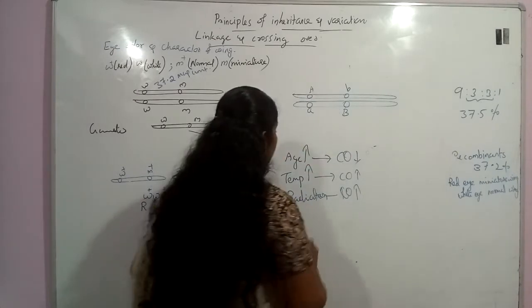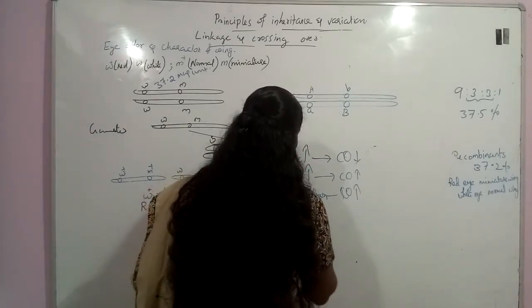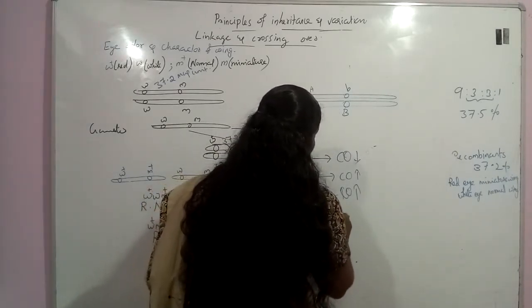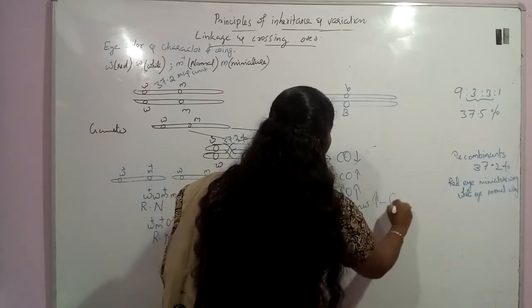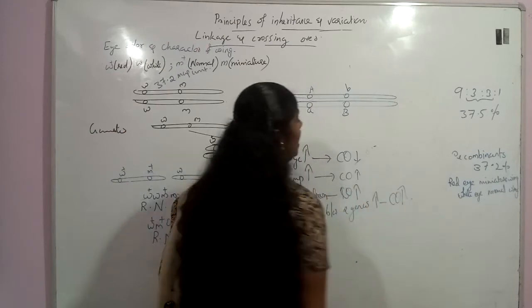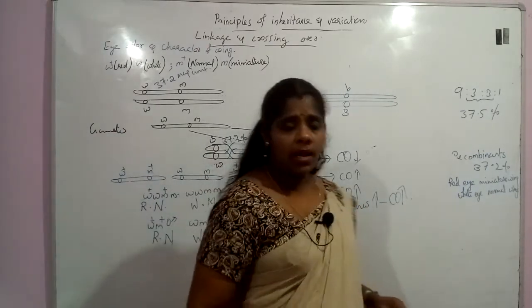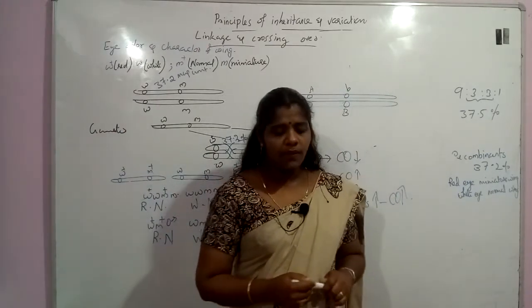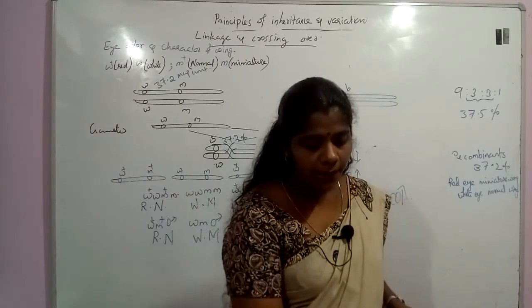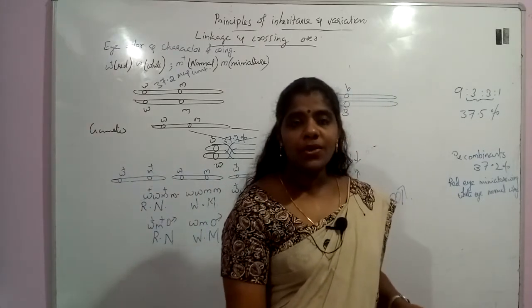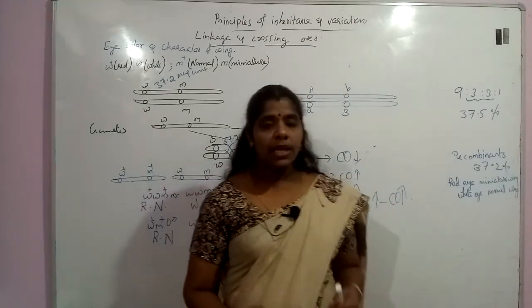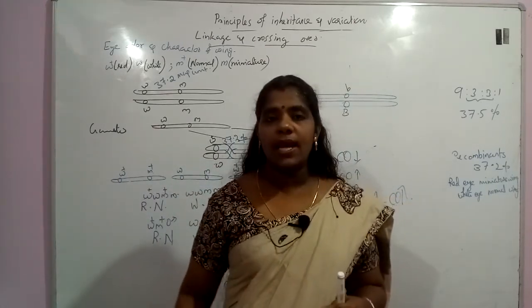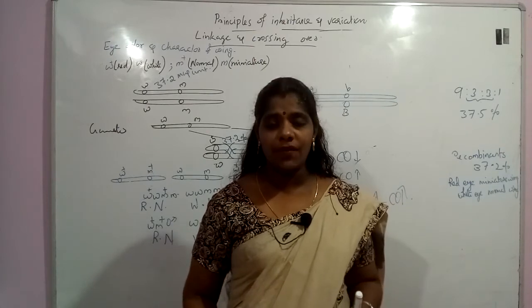And if the distance between two genes is more, the crossover or recombination frequency will also be increased. Similarly we can do chromosome mapping. In chromosome mapping, they will give two different genes arranged with a certain recombination frequency.